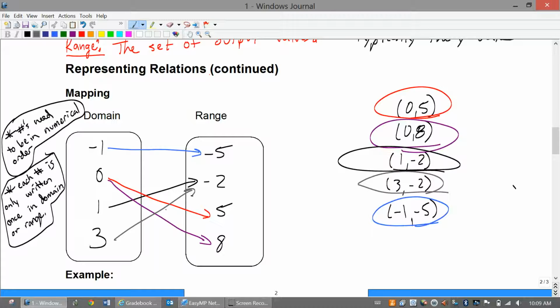Again, domain, these are our input values, range being our output values. What happens to our input values, the domain, when they map or turn into our output values? These are our rules. We stick these in, and when we stick those in, we get our range out for those particular input values.